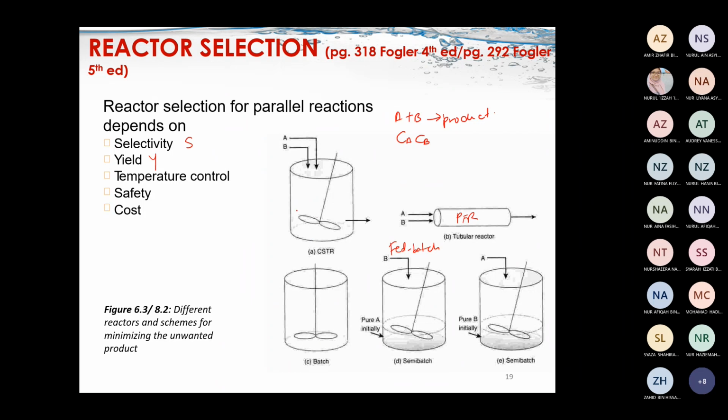For this CSTR, there are two inlets here, A and B. With two inlets, the CA and CB at the outlet will be low, because there is dilution here. For the tubular reactor, if we have A and B and we increase the pressure, we will have a high CA and also high CB.